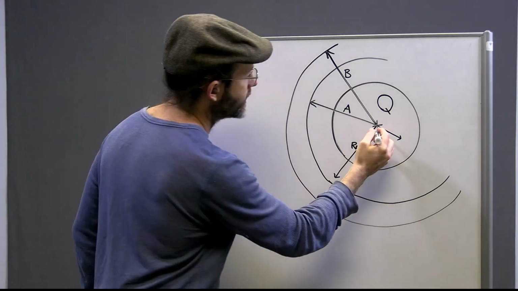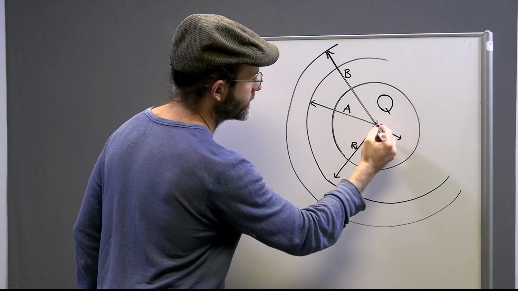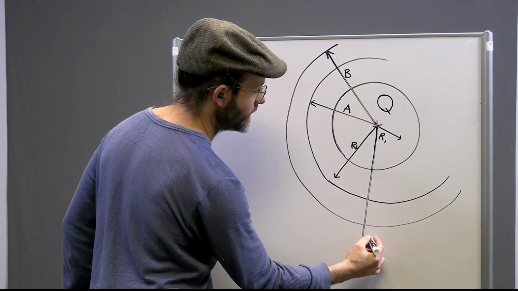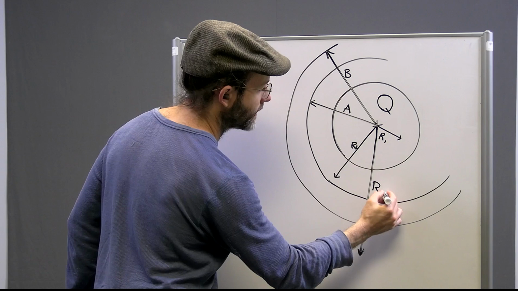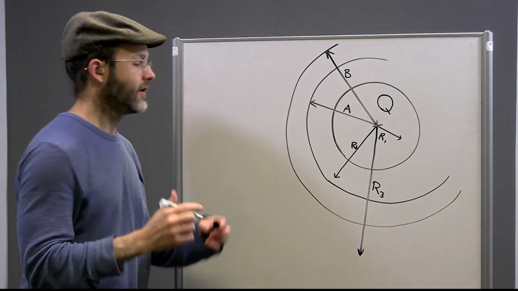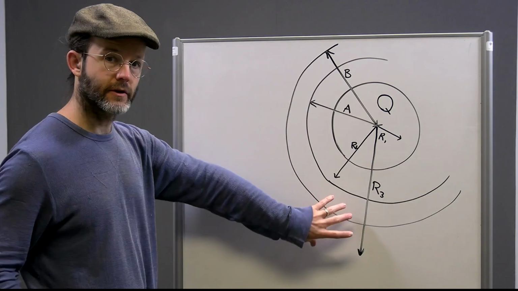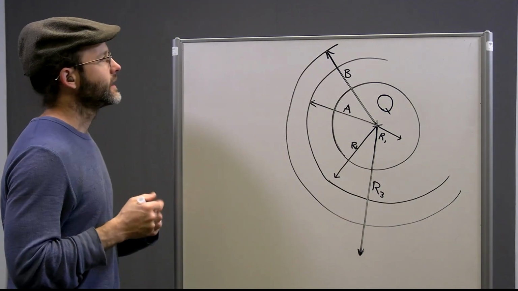And then we want to also evaluate, I'm going to draw this here, what is the electric field at R3 outside of both the solid sphere and the spherical shell. All right, so let's get started.